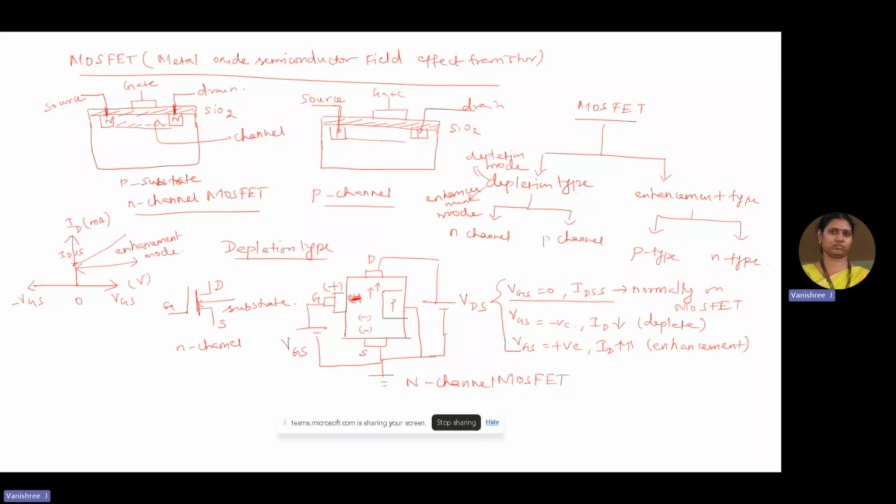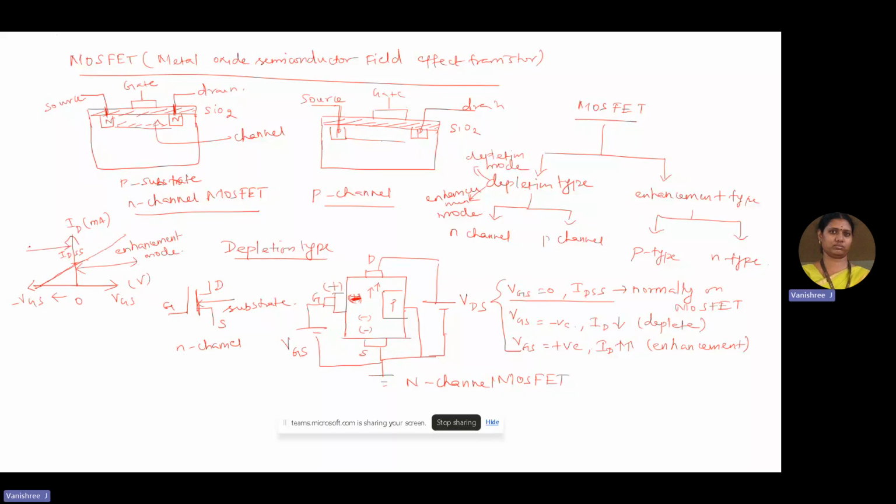Then when the gate source voltage is increased in the negative side, the drain current decreases from this IDSS value and steeply gets reduced and reaches zero at one instant due to the depletion of the charge carriers.